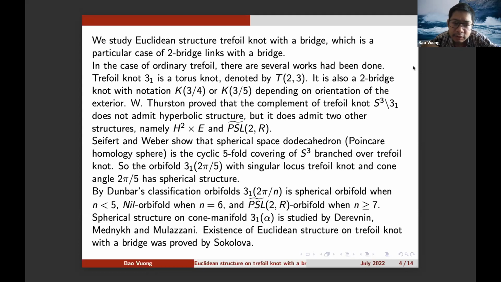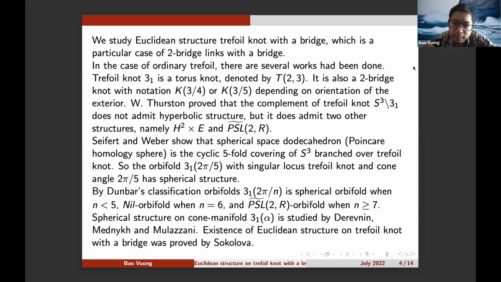The trefoil knot 3_1 is a torus knot denoted by T(2,3), and it is also a two-bridge knot with notation K(3/4) or K(3/5), depending on the orientation of the exterior.